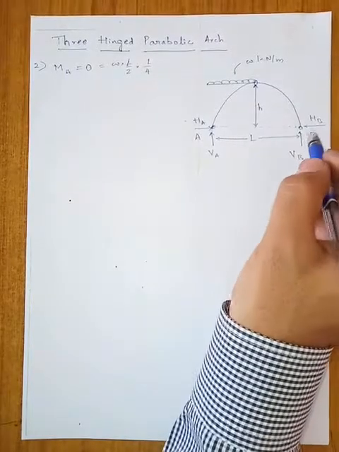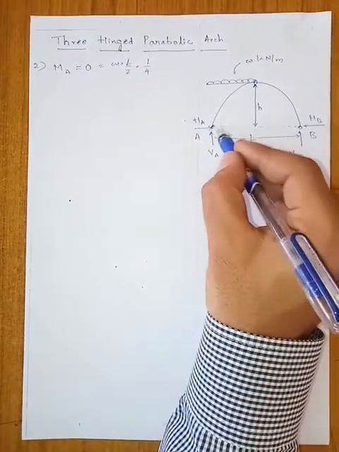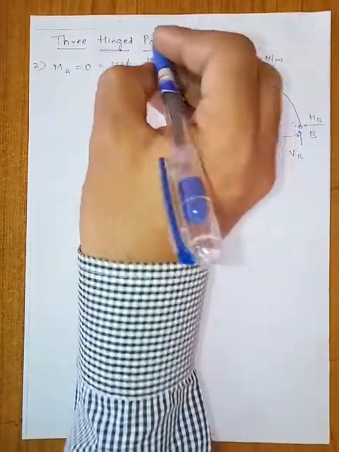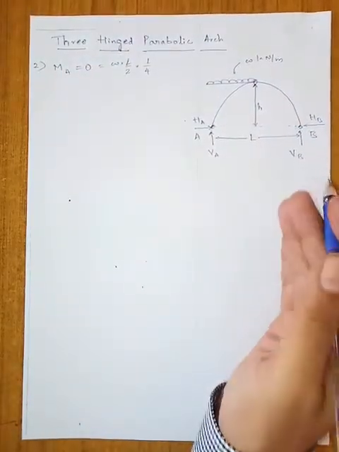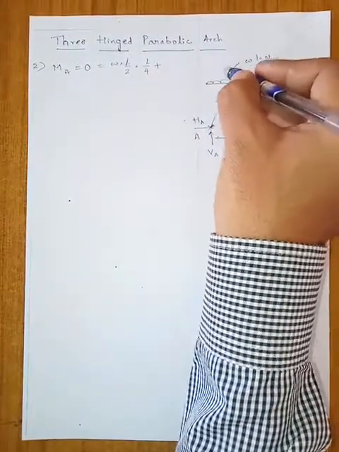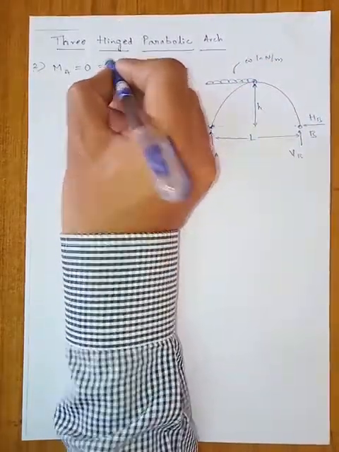What are all the other forces? HB, since it is passing through A, the moment arm will be 0. We are left with only VB. Since VB is trying to turn this anti-clockwise, it will be positive. The load is trying to turn this clockwise, so it will be negative.